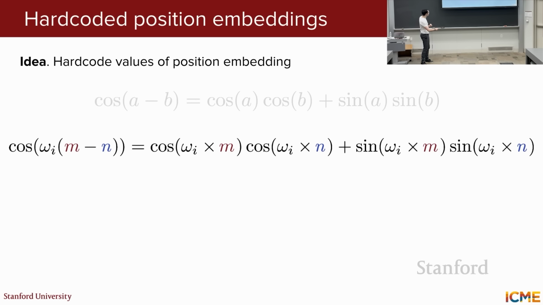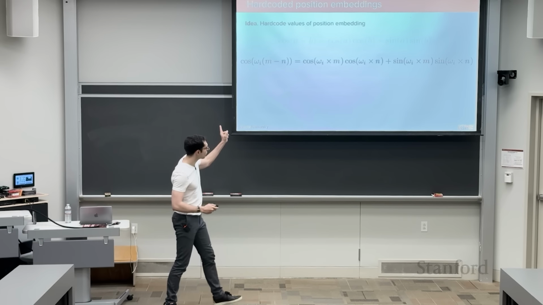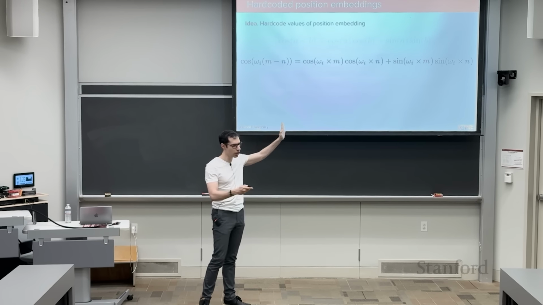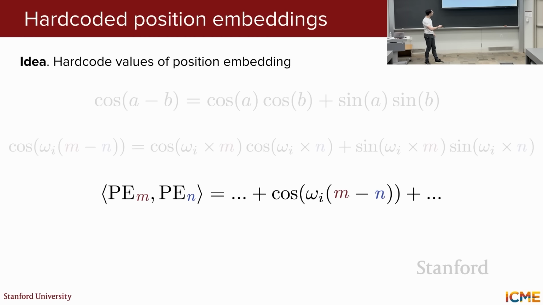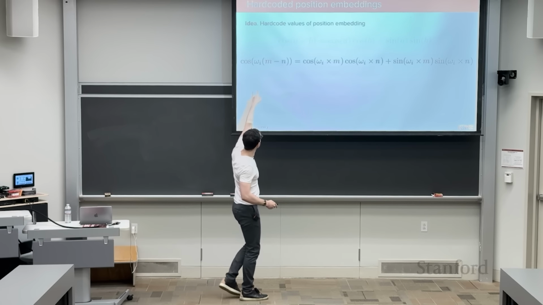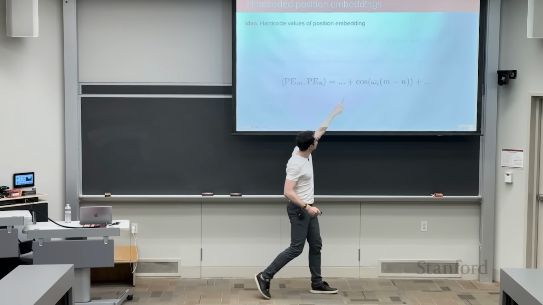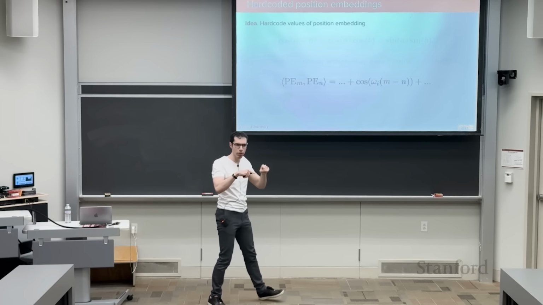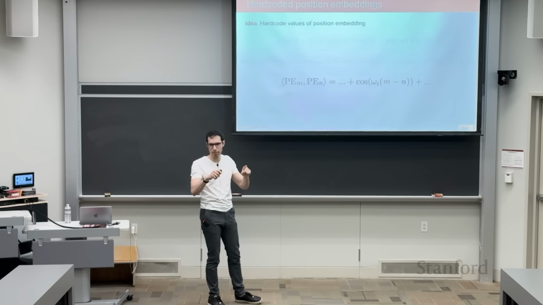Well, if you express cosine of omega i times (M minus N), this is what you obtain. It's just the identity that I mentioned. And it turns out that this quantity is just one component that appears when you do the dot product of these two position embeddings.